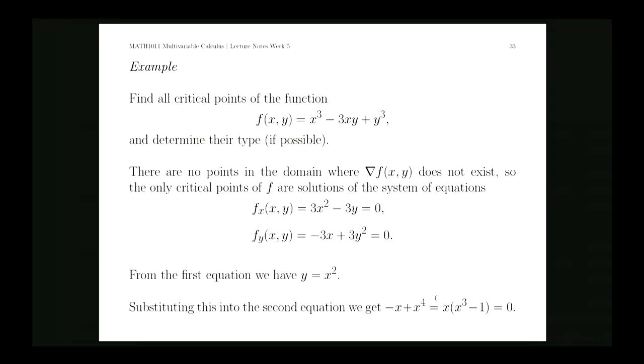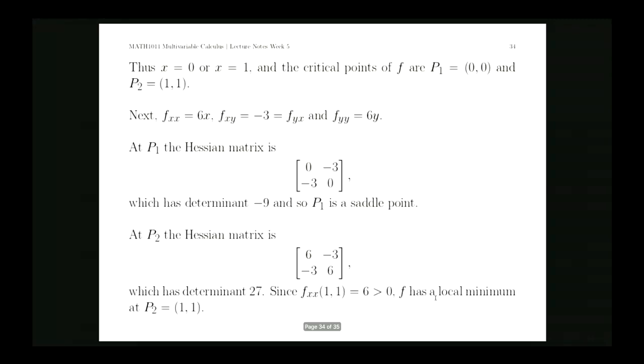Basically, x to the 4 minus x equals 0, factor it out, so either x equals 0 or x equals 1. So therefore, y is 0 or y is 1. So we've got 2 critical points. Remember, the critical point's got to satisfy both. So we've just got the points (0, 0) and (1, 1).